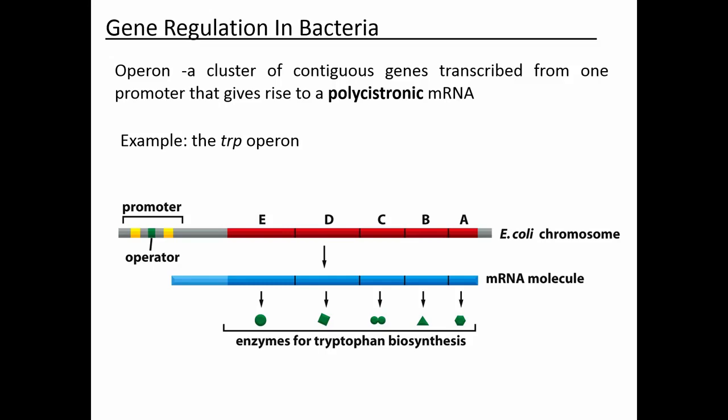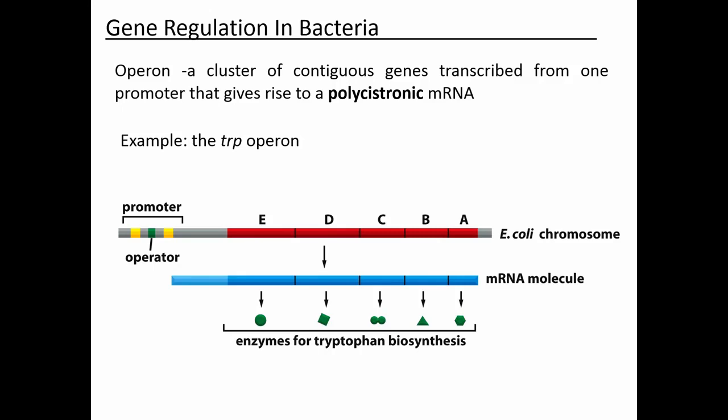RNA polymerase would bind, transcribe all these genes together, and produce this mRNA molecule that carries the coding sequences for every gene under the control of that promoter. So this is the definition of an operon.